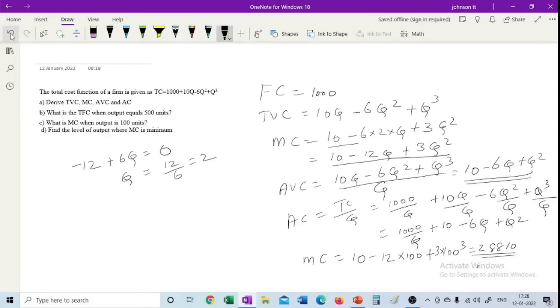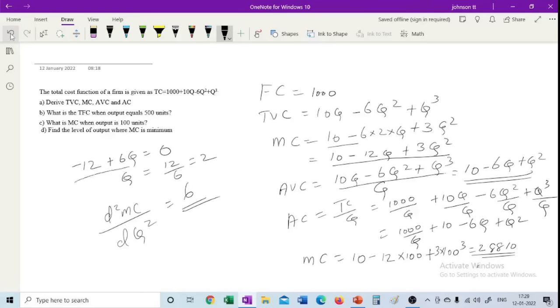To prove that, we can take the second derivative. If the MC is minimum when output is 2 units, then the second derivative will be greater than 0. So when you differentiate again, d2 MC by dq square, you will get the value 6.